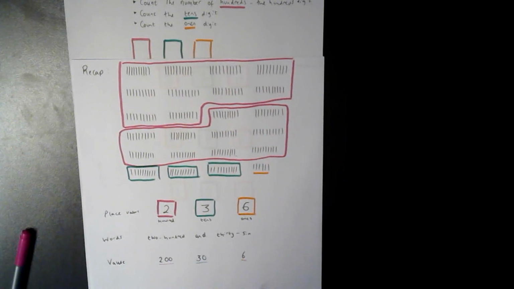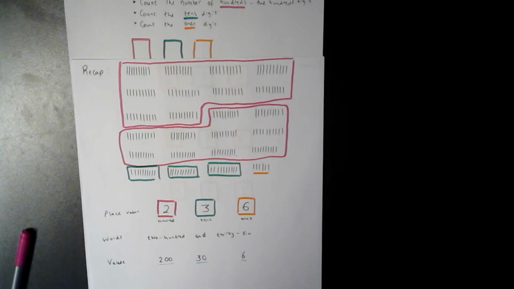So what we have here is the value of each of the digits. We see 200 is 2 followed by 2 zeros, 3 tens is 3 followed by 1 zero, and 6 ones is 6 followed by no zeros.